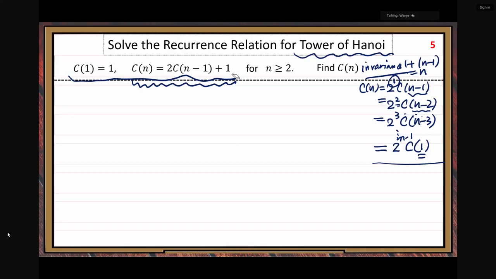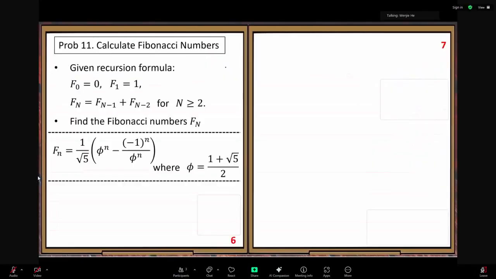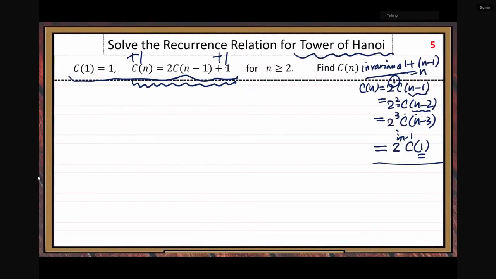The method is, we add 1 to both sides. In that equation, we can add 1 to both sides and see what happens. Let me show you. Plus 1 both sides. Left-hand side, C of n plus 1, equals the right-hand side 2 times C of n minus 1 plus 2.